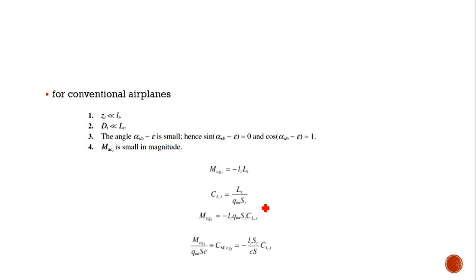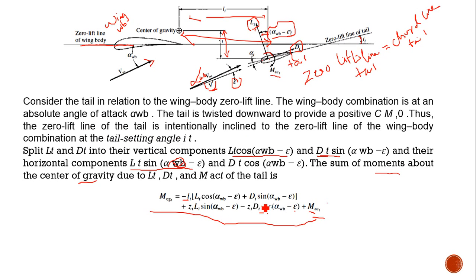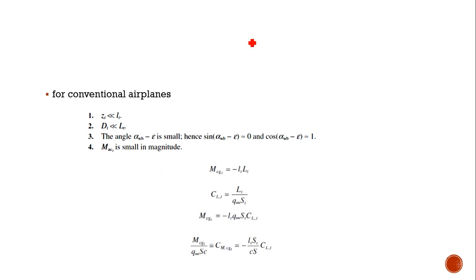There are some assumptions that we use for conventional airplanes. We know that for conventional airplanes, the vertical distance from the center of gravity is very much less than the horizontal distance. So the vertical distance is neglected, and also the drag of the tail is very much lesser than the lift of the tail, so that part will be neglected.